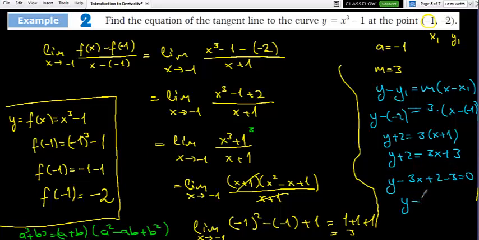So y minus 3x minus 1 is equal to 0, or minus 3x plus y minus 1... I multiply by minus 1, and I get 3x minus y plus 1 is equal to 0, which is the equation of the tangent line. Also let me inform you about that one.